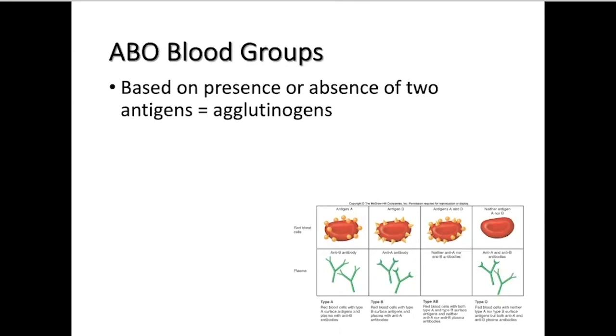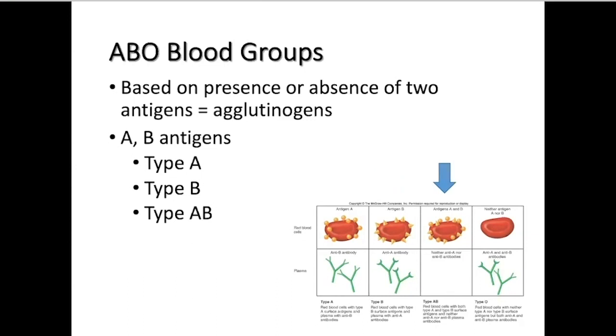The ABO blood groups are based on the presence or the absence of two antigens or agglutinogens, and these are antigens A and B. There is no O antigen. If you are type A, you have antigen A on your surface. If you are type B, your red blood cells have antigen B on their surface.